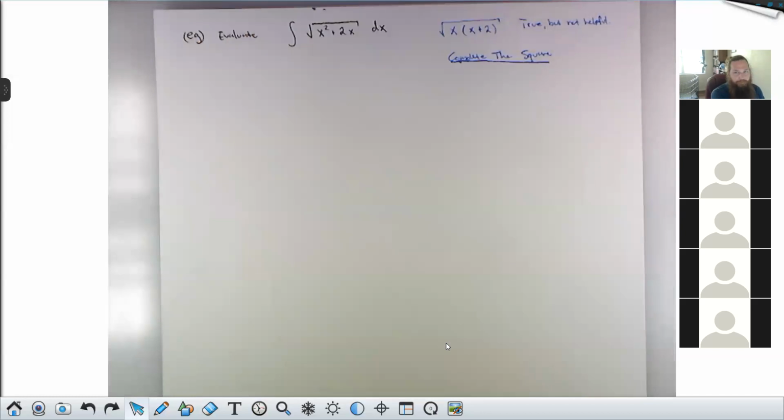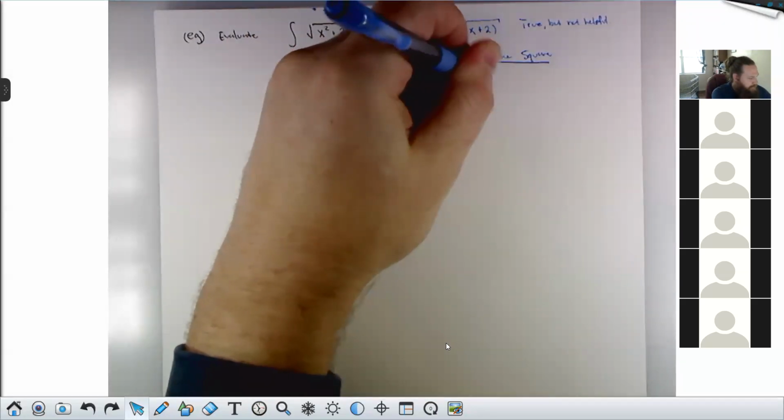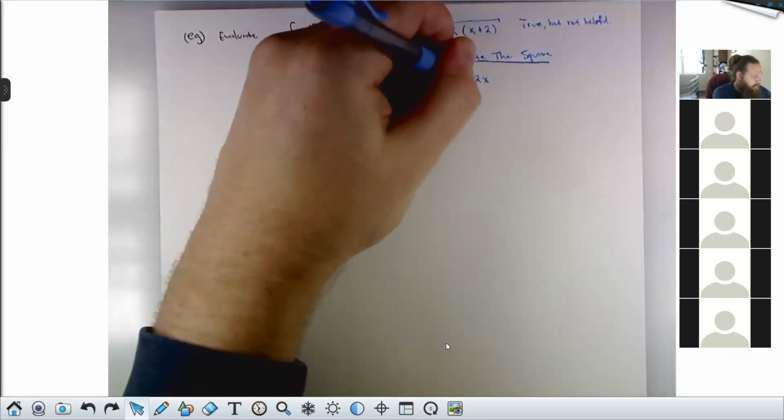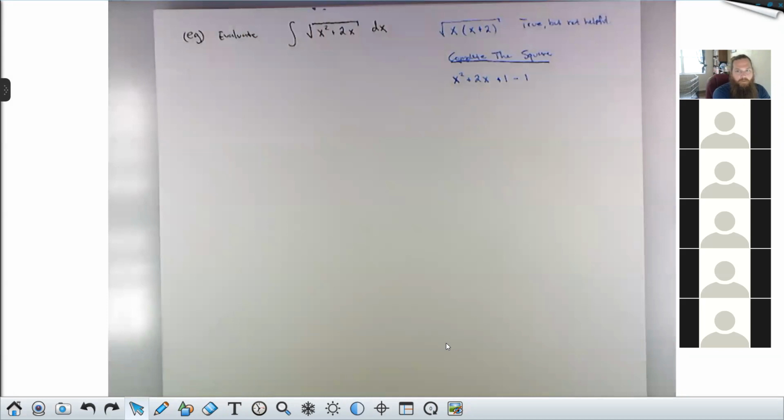Complete the square. So x squared plus 2x can be written as a perfect square plus or minus a constant. The trick to doing that in this case is to add 1 and subtract 1. Mathematicians' favorite tricks are always the dumb ones, right?